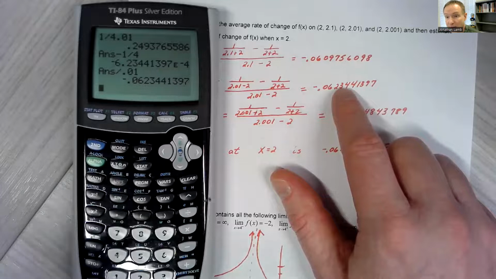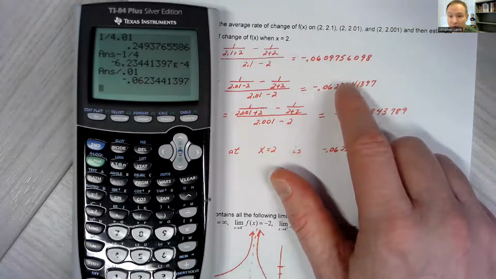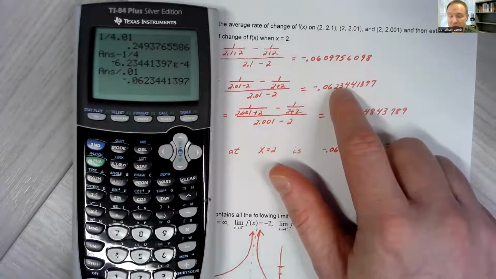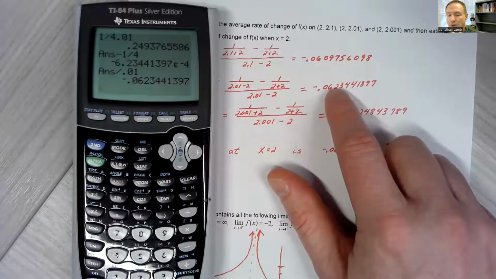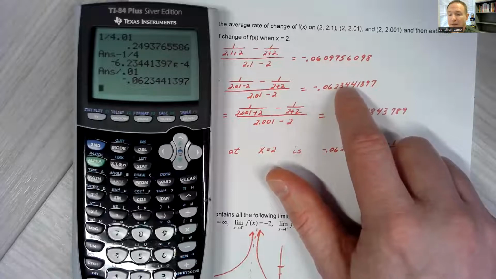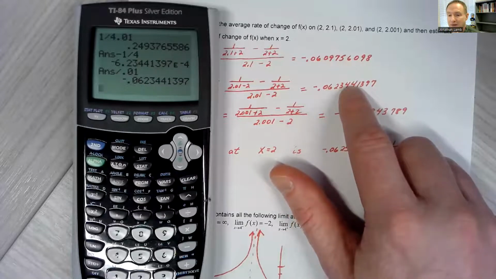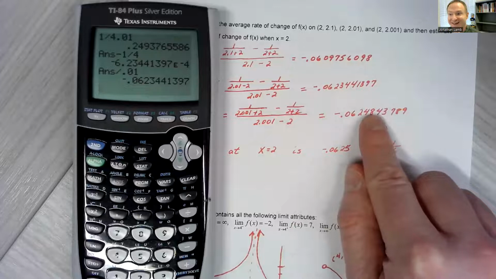Now, in looking for patterns, I bet from this to this, it'll decrease another, not 0.0014, but 0.00014. So if I'm looking for patterns, I think the next number should be negative 0.062 and then 48 there. And notice, yeah, that's the pattern that did occur.